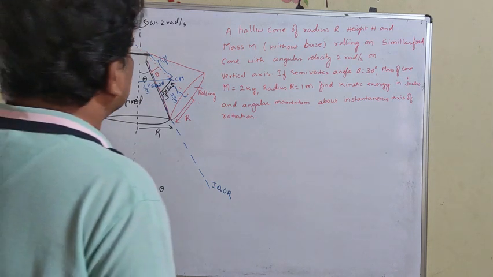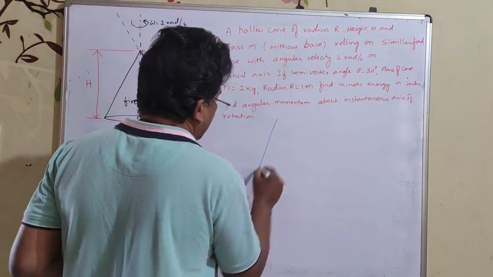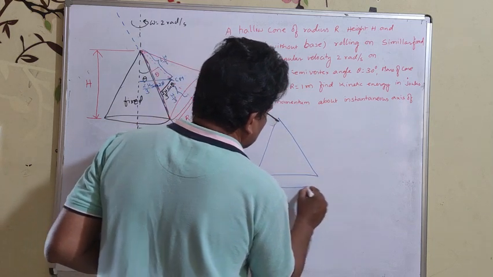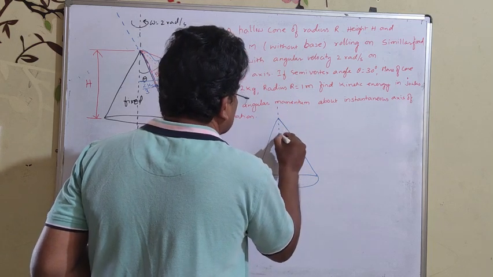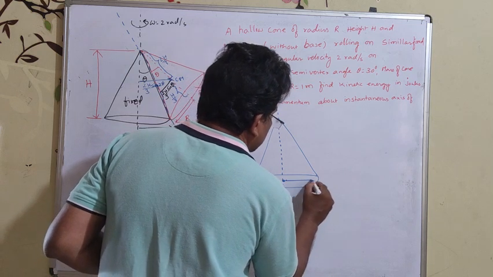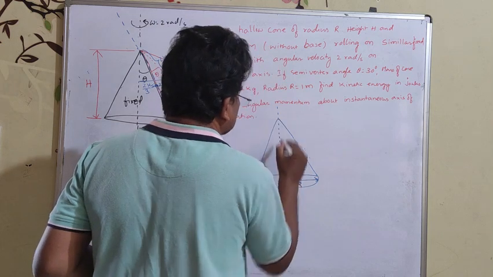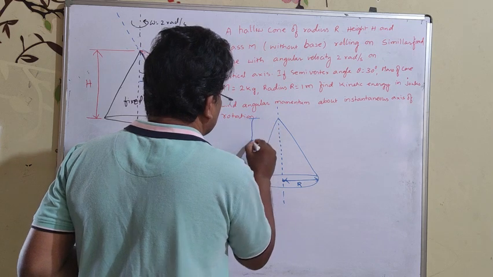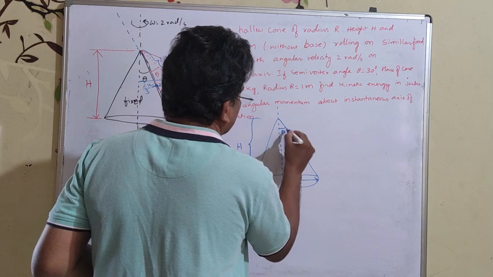Here the cone has base radius r and vertical height h. This is the cone. The base radius passes through the center. The base radius is r, and its vertical height, from this point to this point, is h, and the semi-vertex angle is theta.